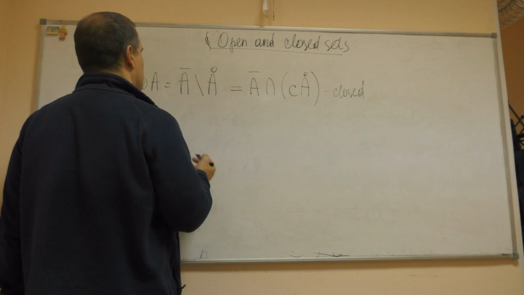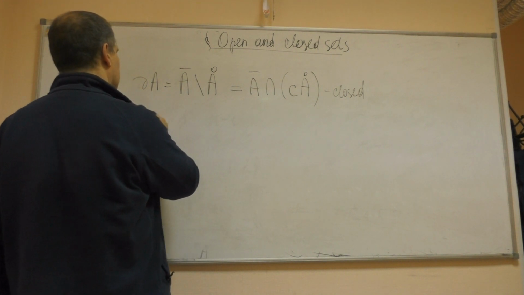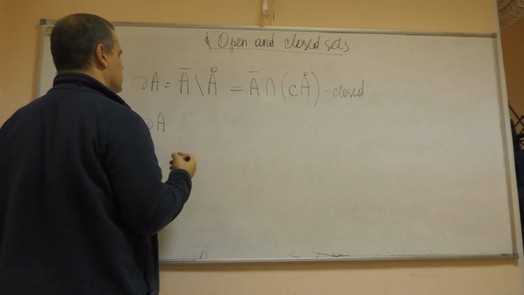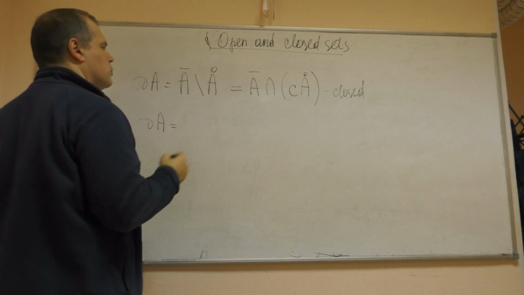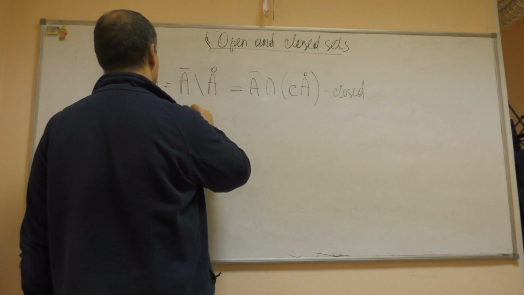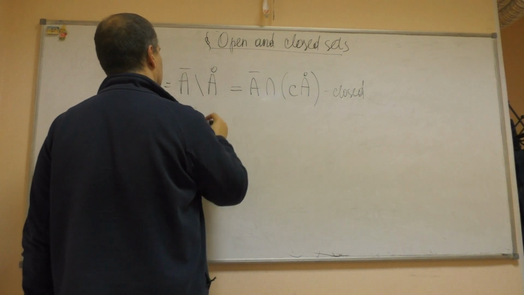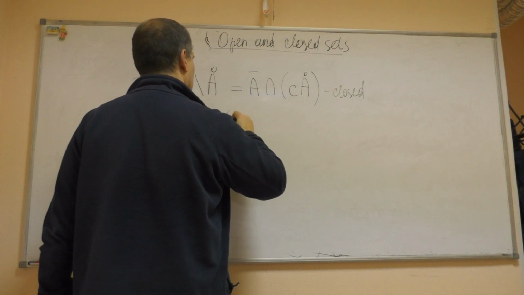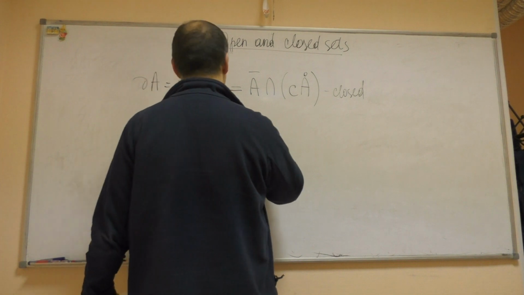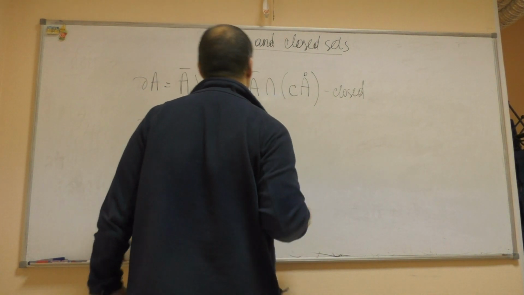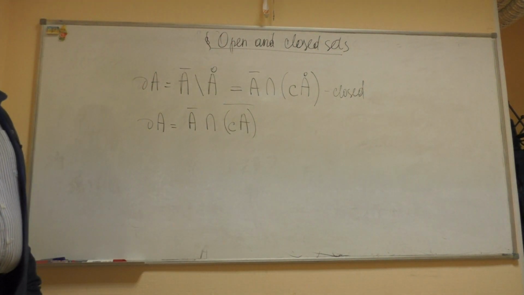And the last thing about boundary, you can prove, and please we will consider it in the exercises, that the boundary can be represented as the intersection of closure of A and closure of the complement.